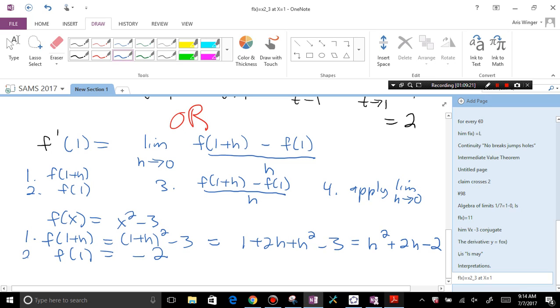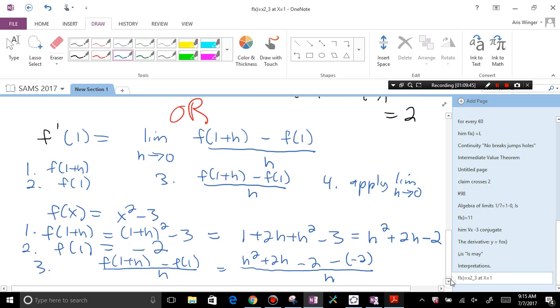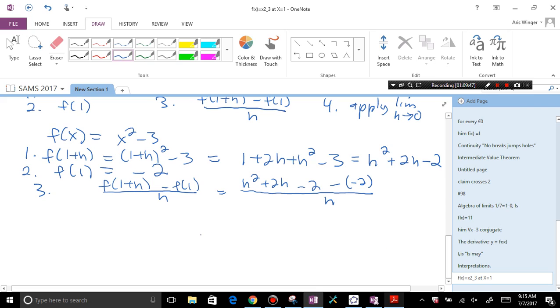Step 1, step 2, step 3 is then subtract those two things and divide by h. F of 1 plus h minus f of 1 all over h is equal to h squared plus 2h minus 2 minus negative 2 all over h. That's equal to h squared plus 2h all over h.